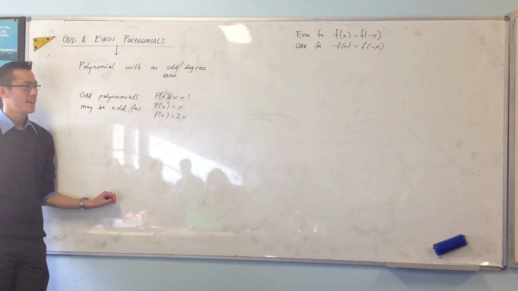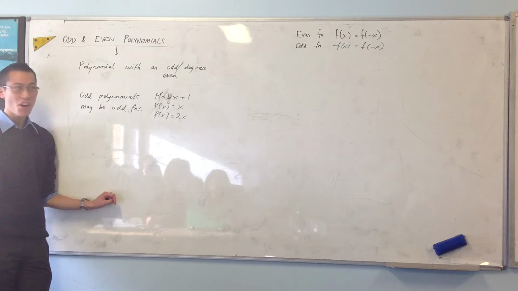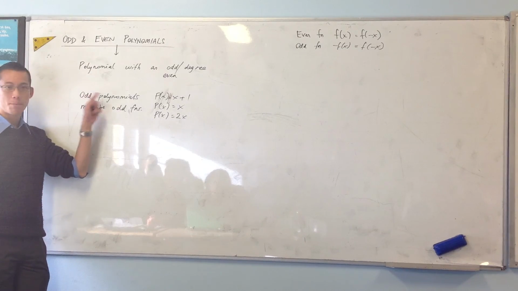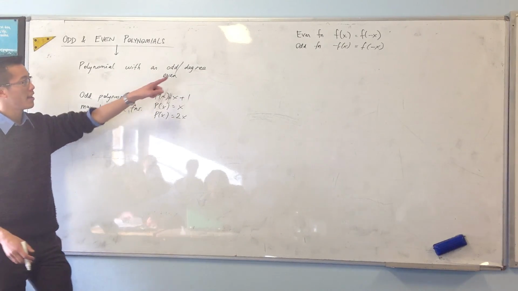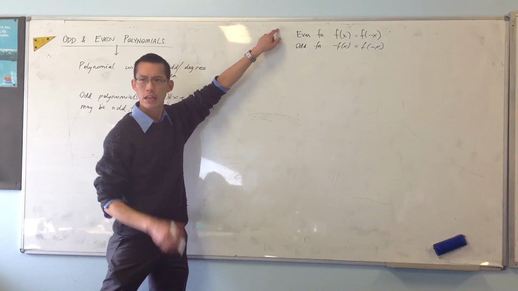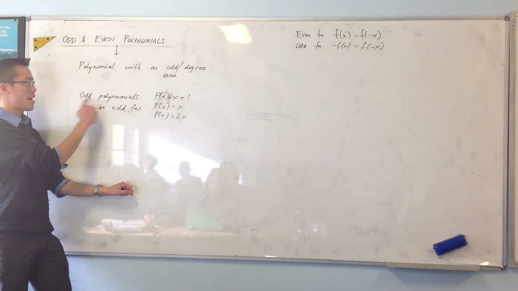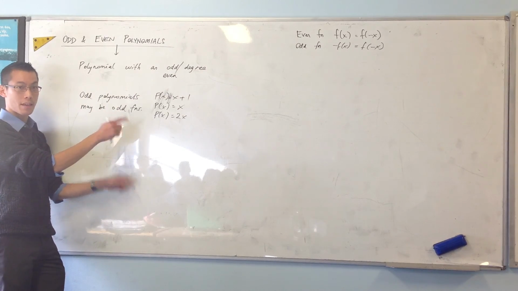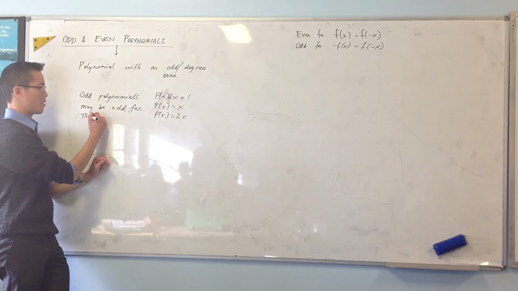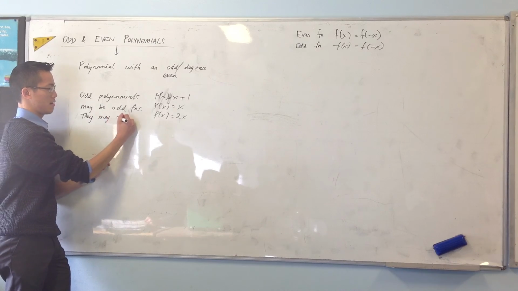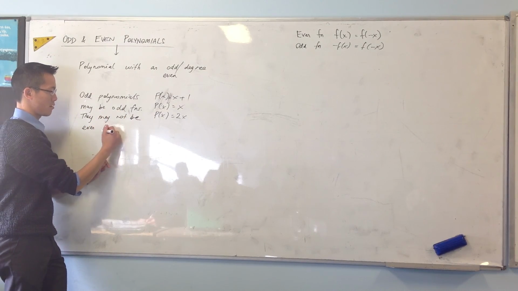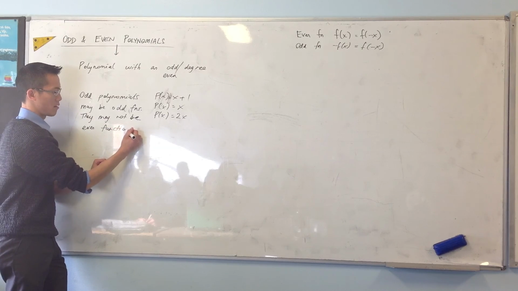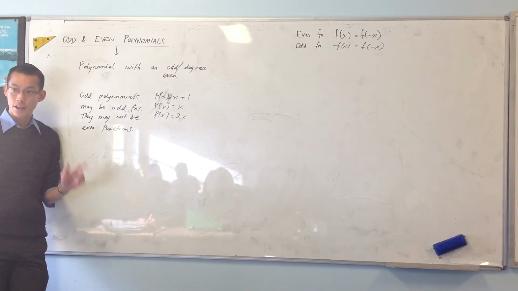But there is no possible way that an odd polynomial, we could twist and turn it, to make it an even function. Can you see why? They may be odd functions, they might not be, but they may not be even functions. Not ever. It'll break it.